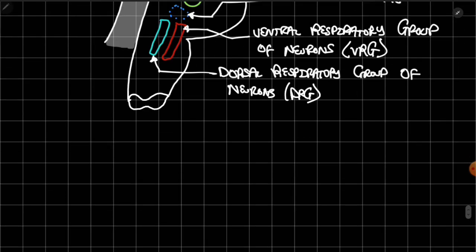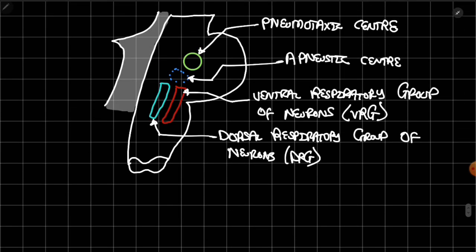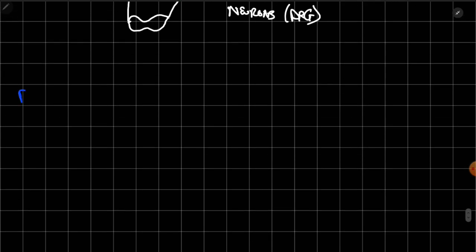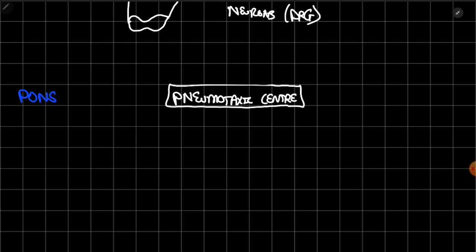Since this pneumotaxic center is present in the pons, this area is the pons. So I will write it first as pons. And what is present in the pons? The pneumotaxic center.